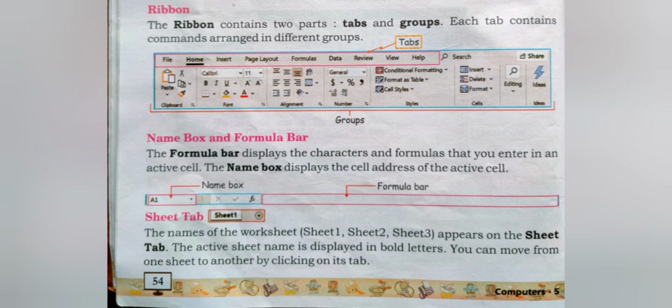The active sheet name is displayed in bold letters, so that is how you identify it. You can move from one sheet to another by clicking on its tab.